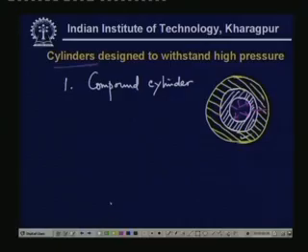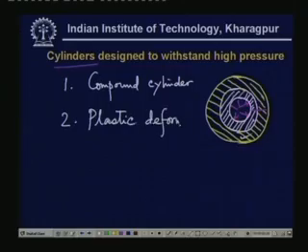Then we have the second method, which is by plastic deformation. By plastic deformation, what happens?